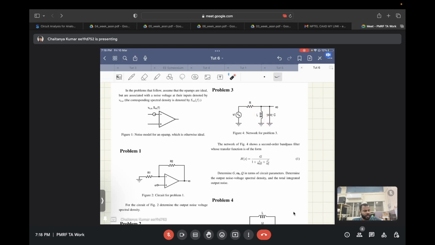Because inductors are bulky, most of the time you can't put physical inductors, so you emulate the inductor using GmC or active RC. That has nothing to do with this question. In this question, you have been given an RLC network, and you need to find the noise.